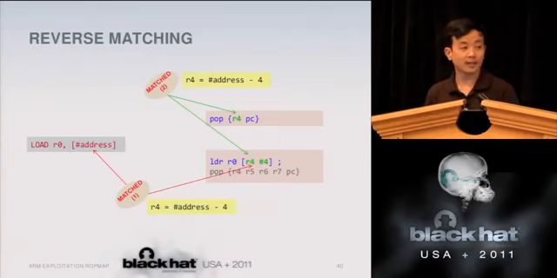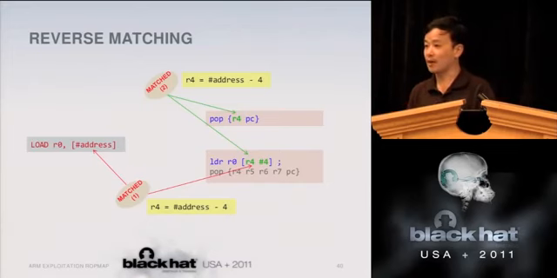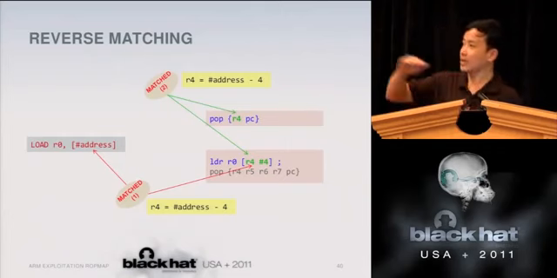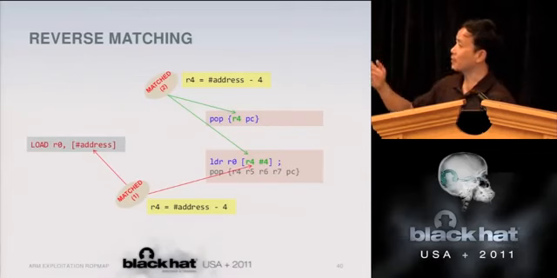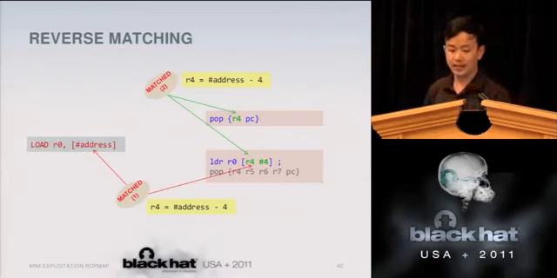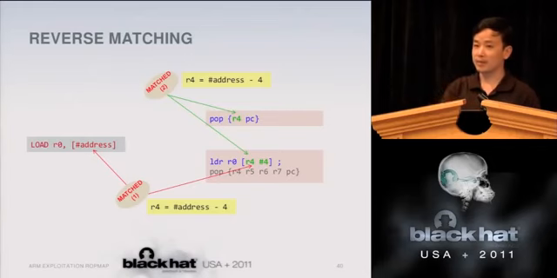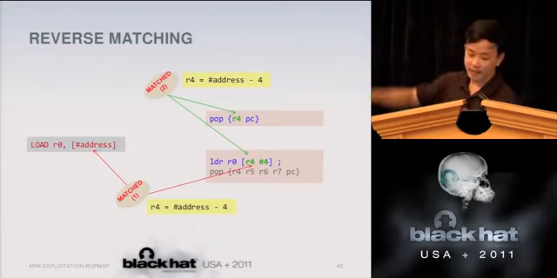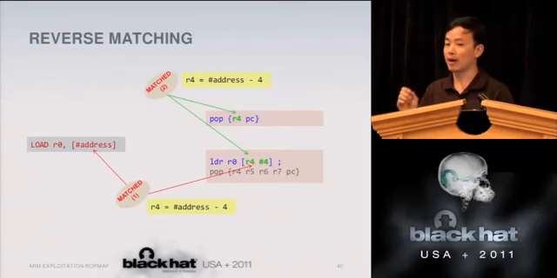In other words, R4 must be address minus 4, right? Then we travel back to the pop R4, PC. So R4 plus 4 is matched with the address, and that value is propagated back. So we have R4 is address minus 4. That is our value on the stack.